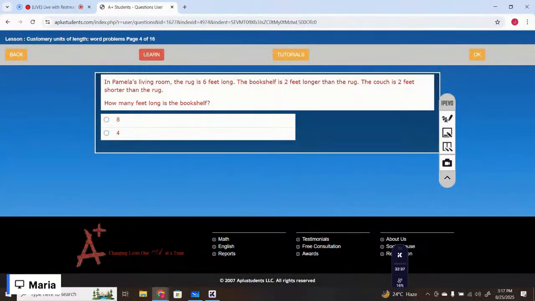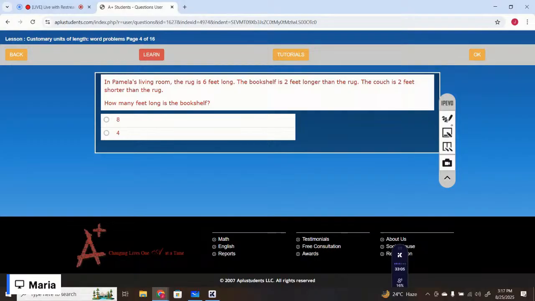In Pamela's living room, the rug is 6 feet long. The bookshelf is 2 feet longer than the rug. The couch is 2 feet shorter than the rug. The rug is 6 feet.